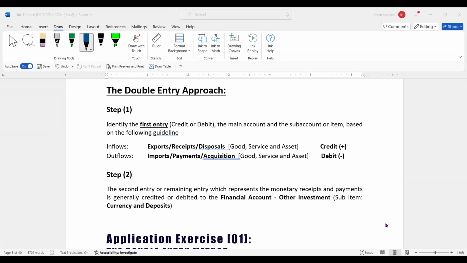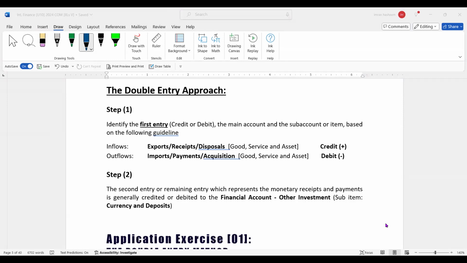If it's an inflow, for example exports, receipts of some money or some kind of payment we are getting, or disposal of a non-produced, non-financial asset, so it could be a good, service or asset, then it's a credit entry. If it's an outflow, it could be imports, payments, acquisitions of goods, services, assets, then it's a debit. That's it. So the first entry could be credit or debit, doesn't matter, but you have to figure it out. Okay?